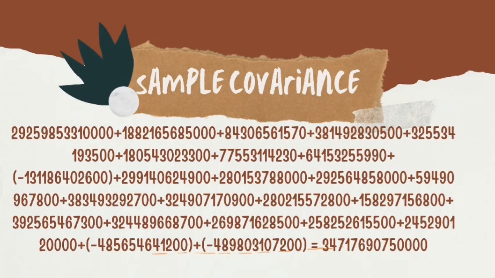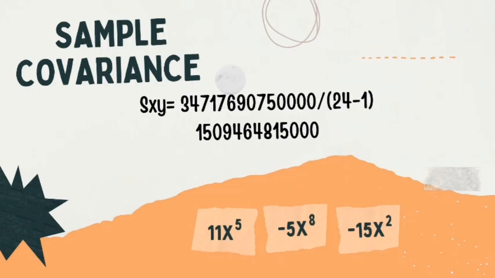After you get all of travel worldwide, you need to add all covariance and then divide it by 24 minus 1, and the answer is 1,509,464,815,000 for the sample covariance.